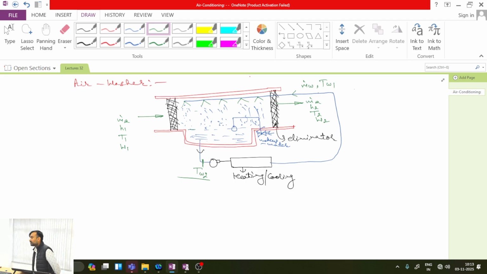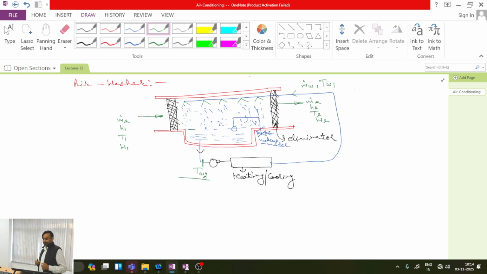It's like when I defined the adiabatic saturation temperature, the wet bulb temperature, we had a long pool, and over the pool air was flowing. So the same type of process will happen. Now, an additional thing we are doing is spraying the water in the form of fine droplets, so that the energy exchange between the air and the water can increase.